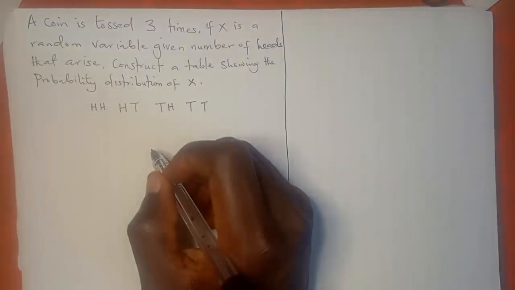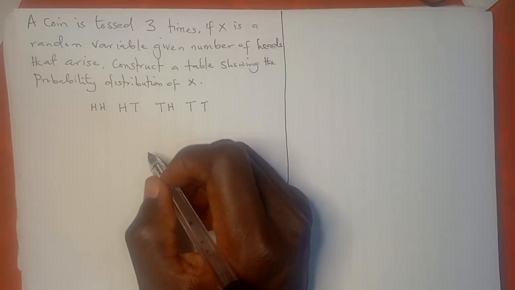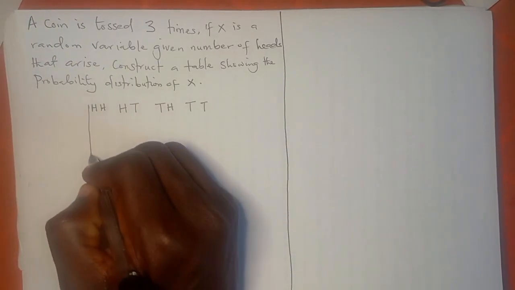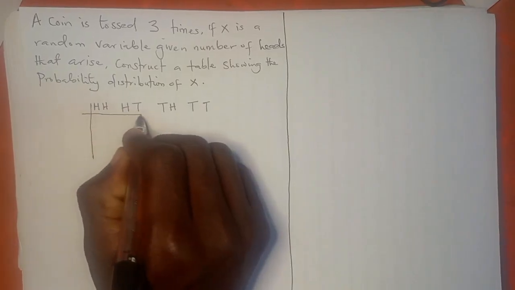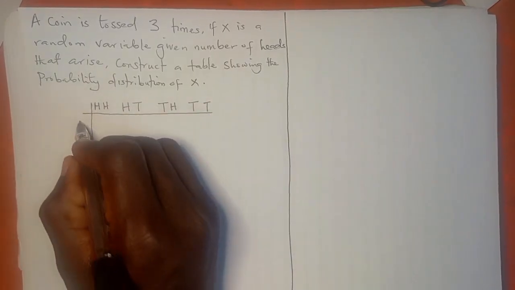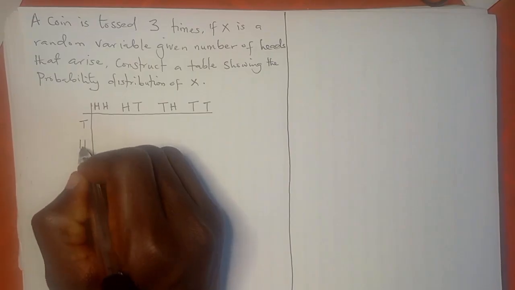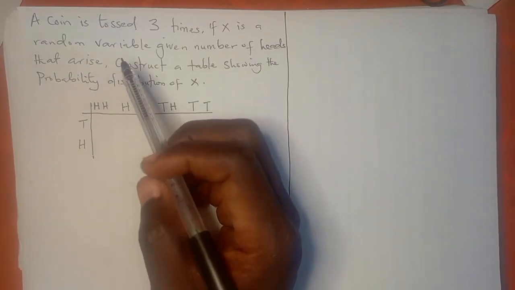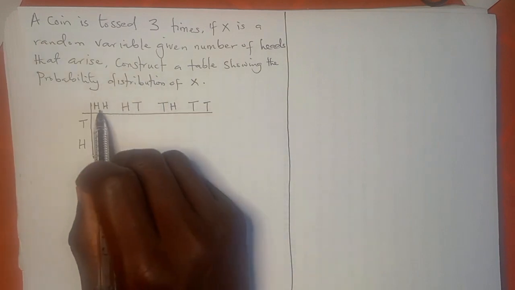This is the sample space of tossing 2 coins. Now the third toss, this is the sample space. We have tail and we have a head.